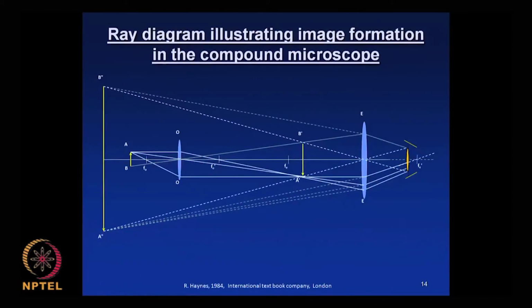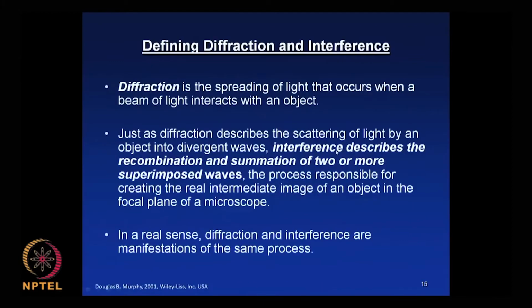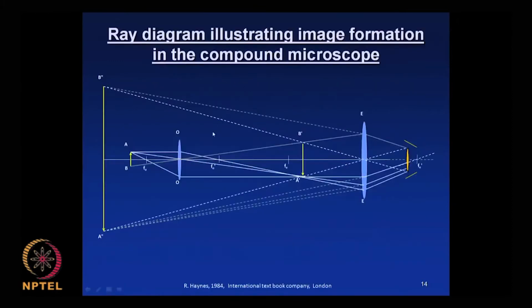If you look at this another ray diagram which clearly shows the image formation, let us look at the details of this image. Here is an object AB, and then you have this objective lens, and then you have the image formation A dash B dash, this is an inverted image, and then you have another lens, here it is called the eyepiece.